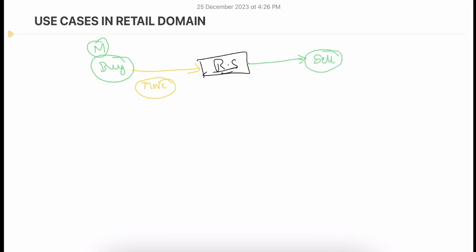Majorly, there are three major activities. One is buying, moving or movement, and selling. You have to buy the store goods, you have to move it to your retail store, and then from there you have to sell it off.